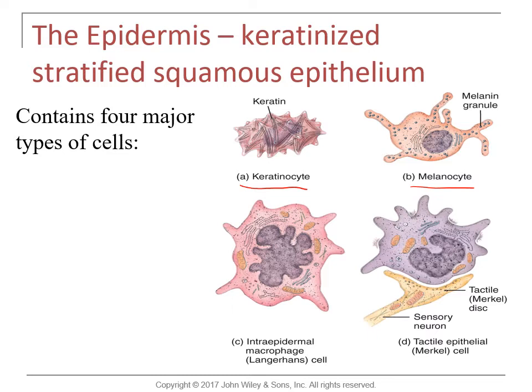Then we have the intraepidermal macrophages, or the Langerhans cells, which mount immune responses against microbes that invade the skin. And finally, we have the tactile epithelial cells, or the Merkel cells. We said those are the least numerous, and their associated tactile discs, or Merkel discs, detect the sensation of touch.